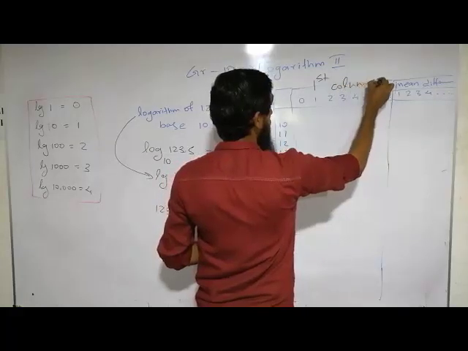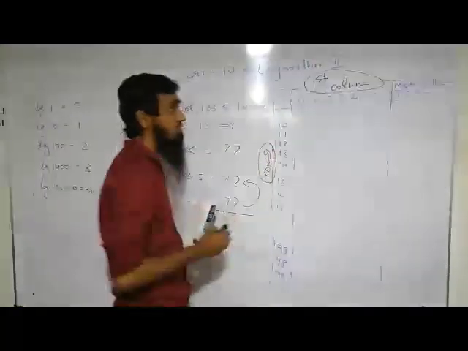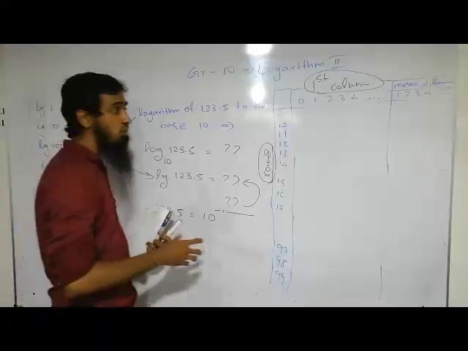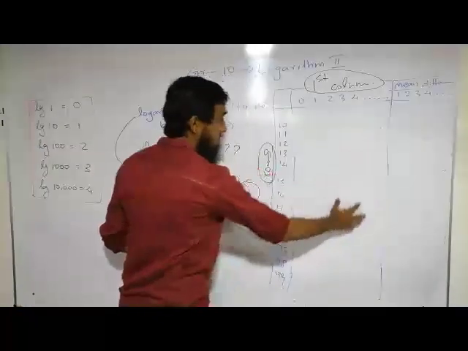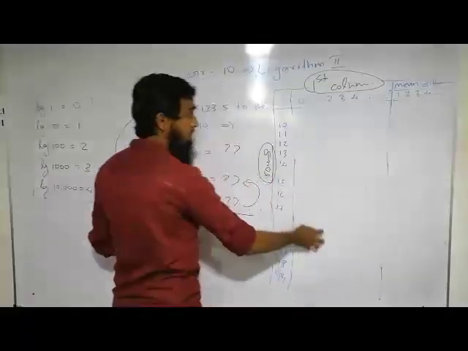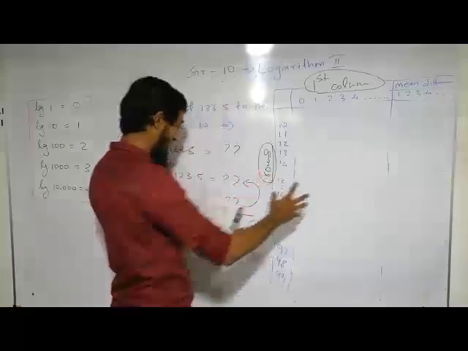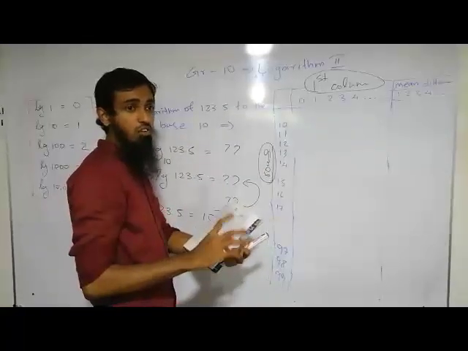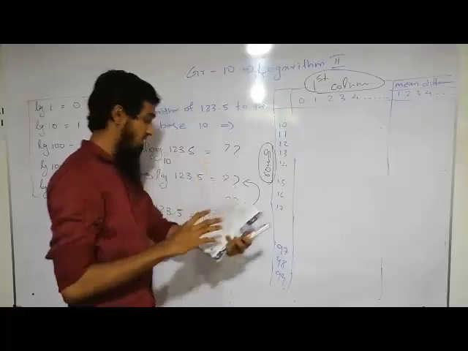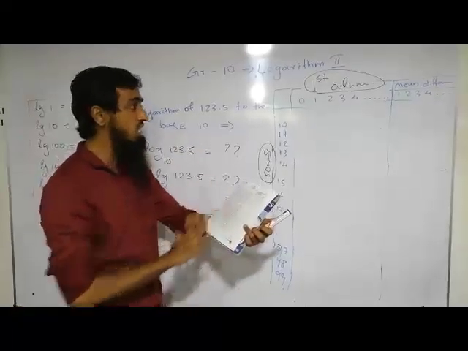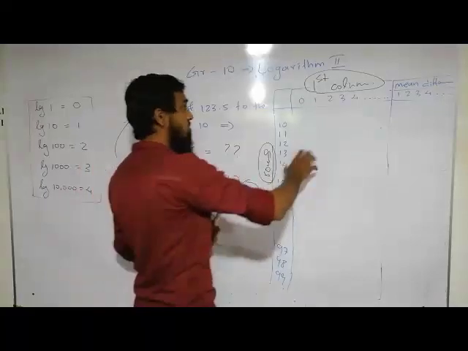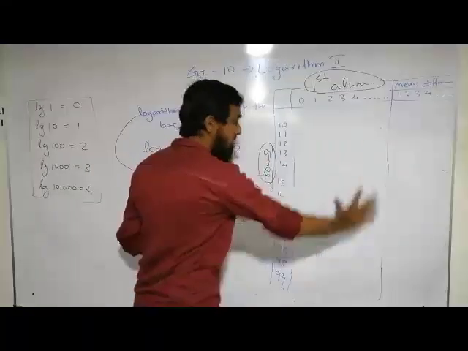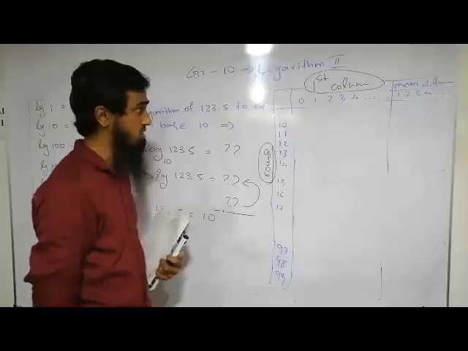If you go through the values inside these columns and rows in this area, you can see all are 4-digit numbers.